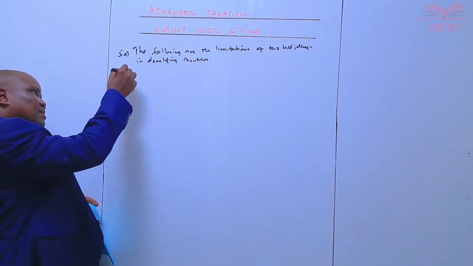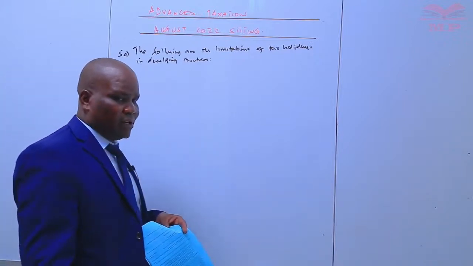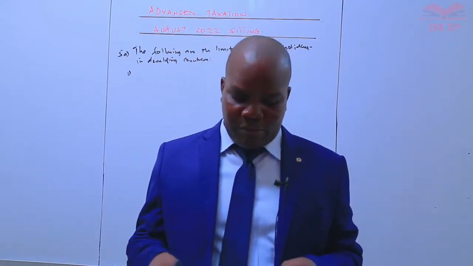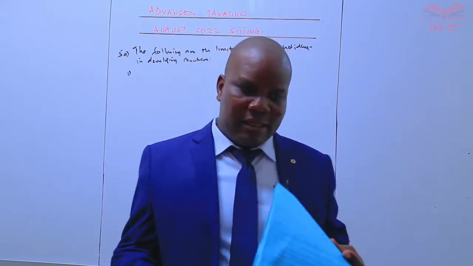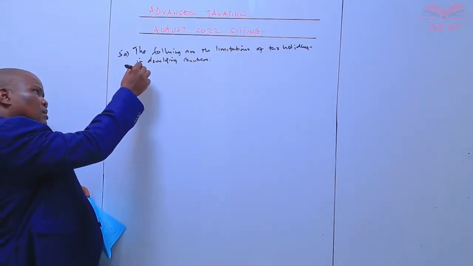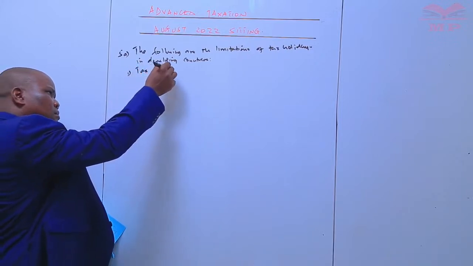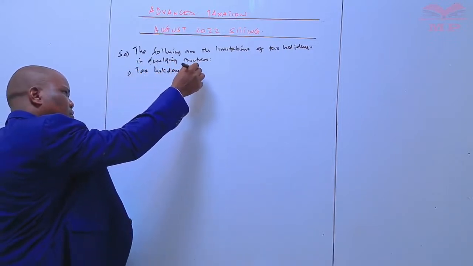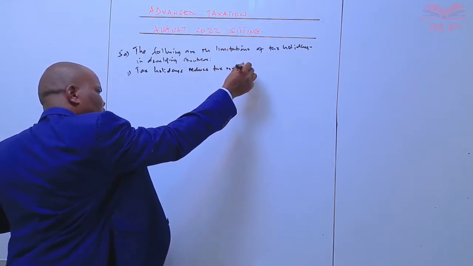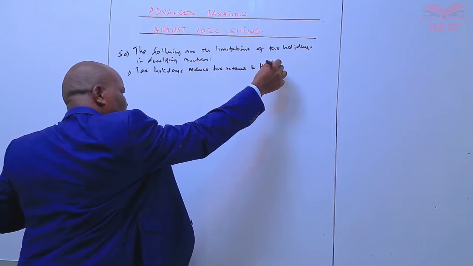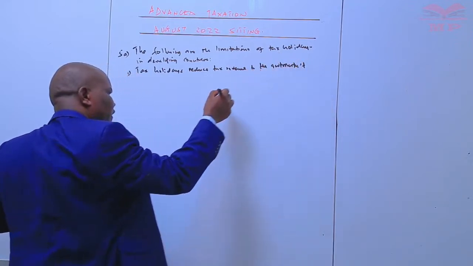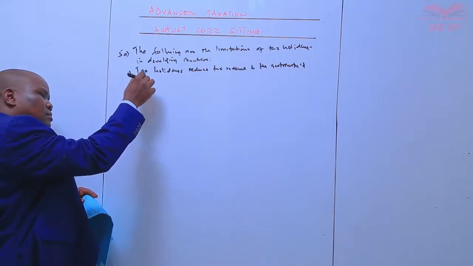Then you can now start explaining the limitations one by one. In mathematical papers like taxation, you're allowed to number your points. The one, you can say, for example, tax holidays reduce tax revenue to the governments of developing countries.